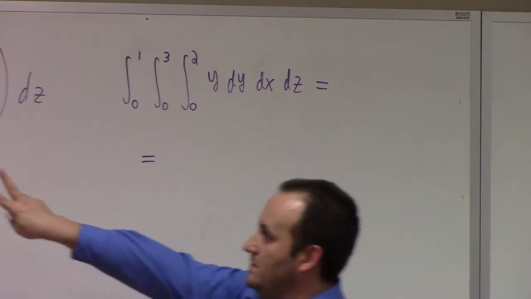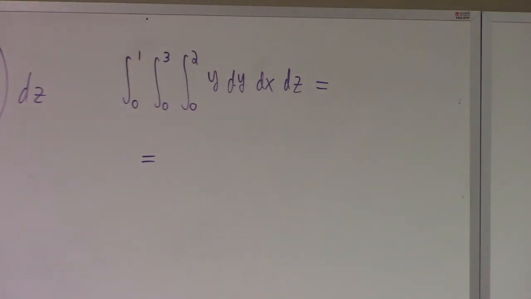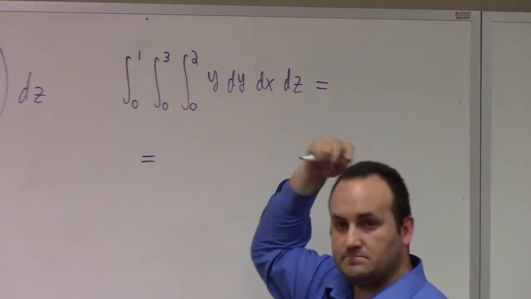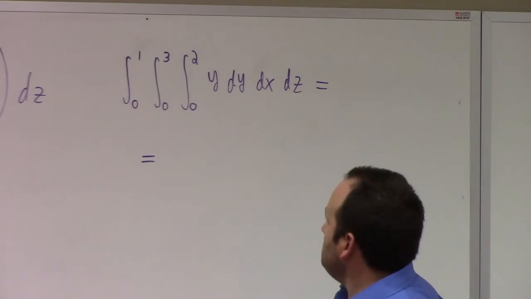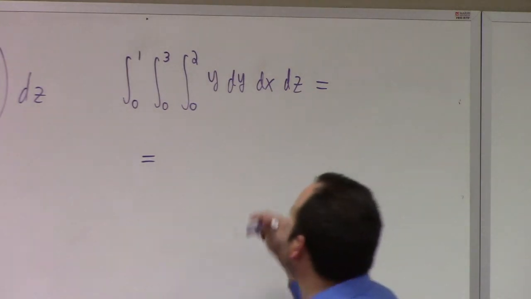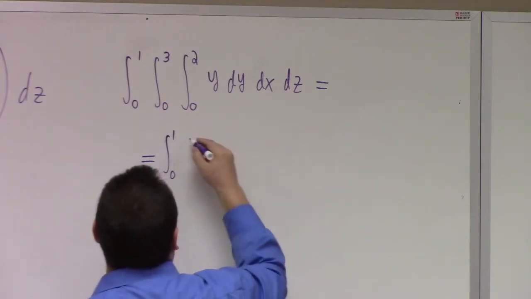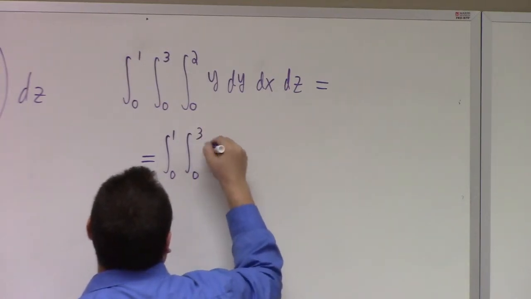I flipped these differentials dx and dy to dy dx, and I have to correspondingly flip the bounds. So what do we get? We will get 6, I hope, but let's work it out.